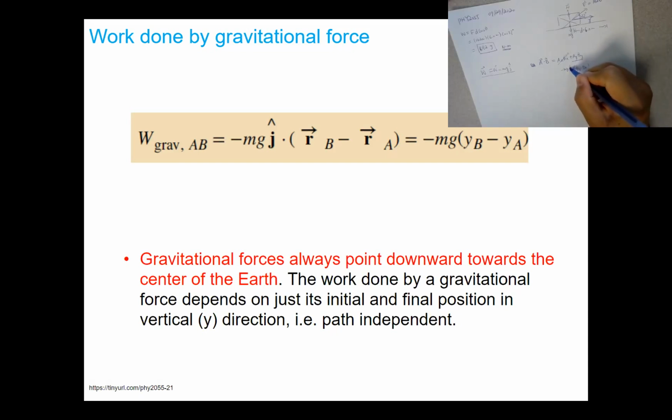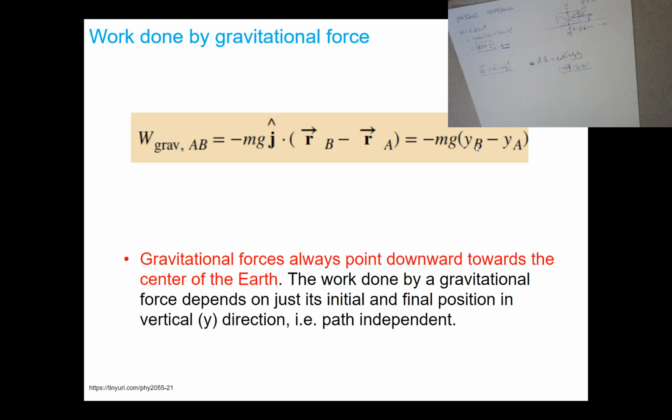When you are doing just the component, it will be ay times by. So for the work done by gravitational force, it's going to be equal to the weight mg times the change in the y coordinates, the vertical positions of the two.